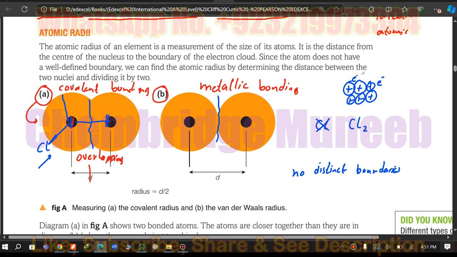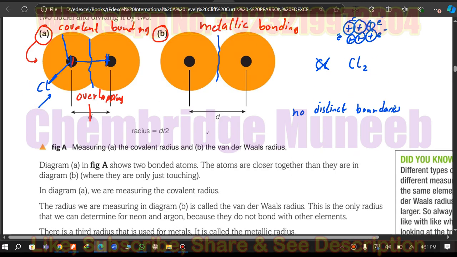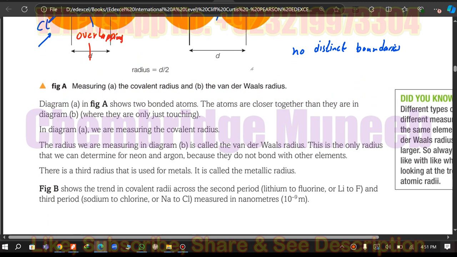Is it so? So that's what is shown here. It is a metallic bond structure. So for this purpose, we again take half of the distance between the two nuclei of the metal atoms. That will give you the atomic radius. That's how we calculate the atomic radius of all types of atoms. Just take half of the distance between the two covalently bonded atoms or two metallically bonded atoms. Is it clear?